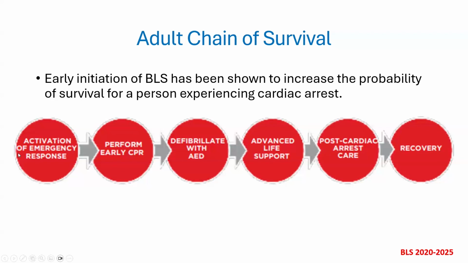It should not take more time in activating the response system, since most of us have cell phones. You can put it in speaker mode and start early CPR while you are activating the emergency response system. Third, defibrillate with an AED. We are going to go step by step. Fourth is advanced life support, post cardiac arrest care, and recovery care.